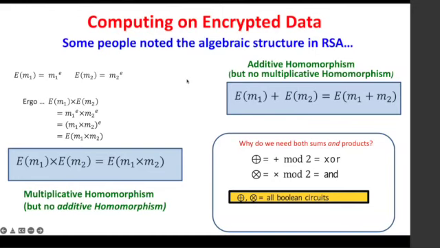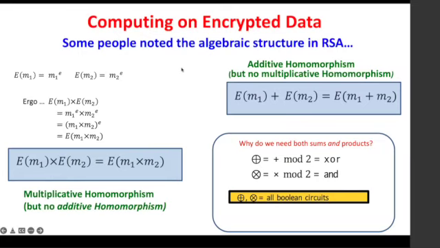The two key operations in our computing are XOR and AND. These are the two key computing operations that we have in all our computing, and XOR and AND are nothing but multiplication and addition. So what this actually means is if we want a truly effective homomorphic encryption algorithm, we have to have both sums and products.